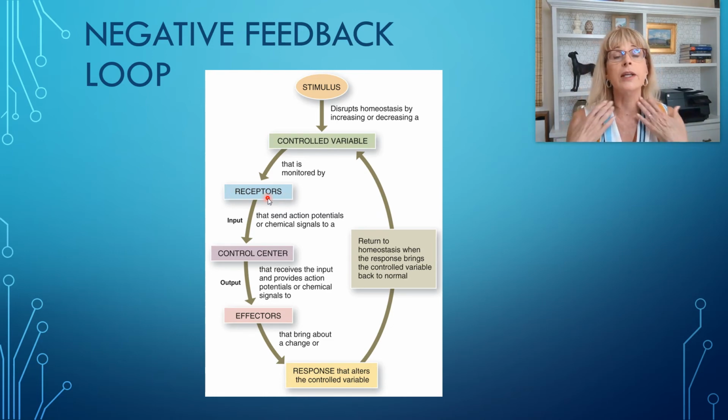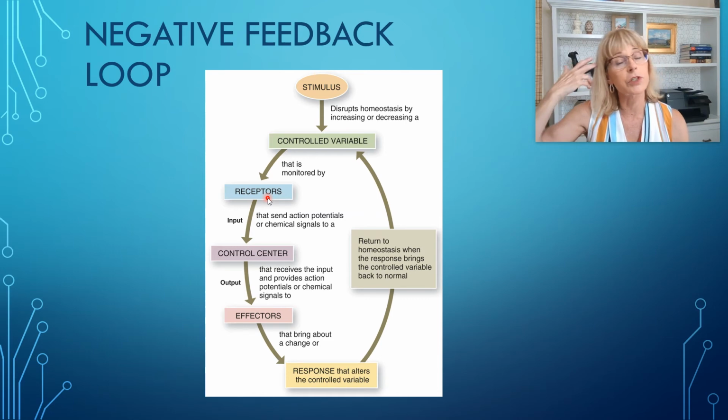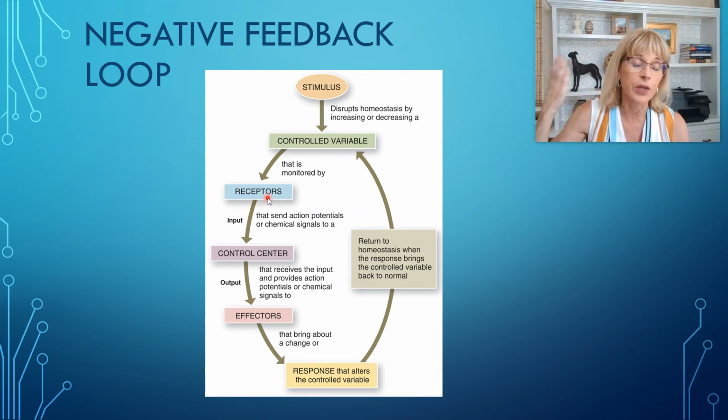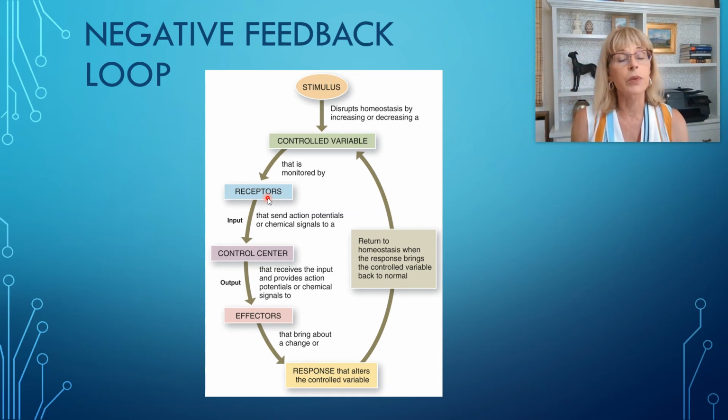Your blood pressure gets measured by mechanoreceptors in your carotid artery and your aorta. Your body temperature gets measured up there in your hypothalamus. Your blood sugar levels get measured in your pancreas, right? There've got to be receptors somewhere. And once they measure that, hey, something's not in my normal range, not in my Goldilocks zone, then it sends a message to somewhere, okay?